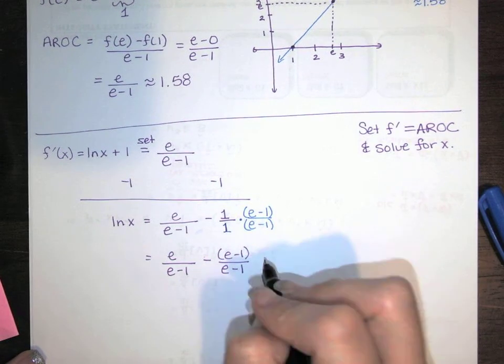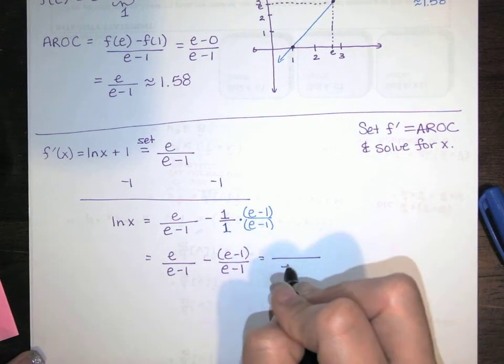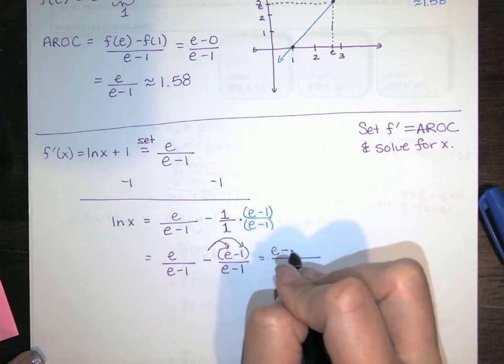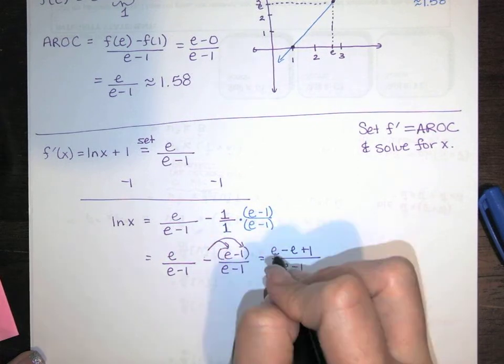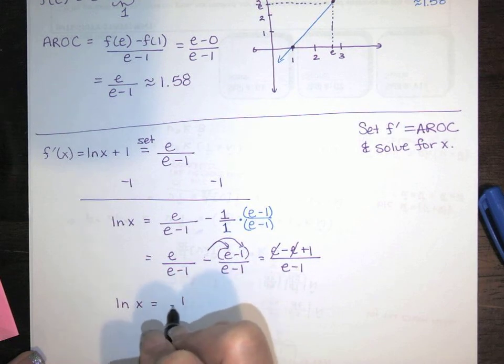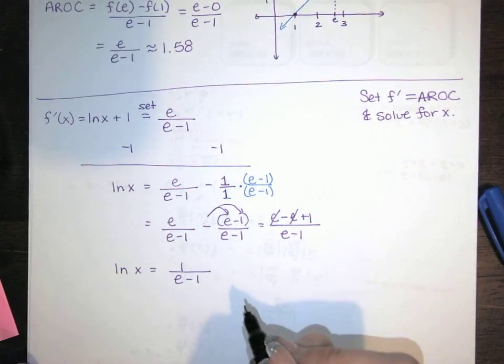Now since we have the same denominator, we can just subtract the numerators, distribute that negative to both terms, so we'll have e minus e plus 1. So the e's reduce. Now we've got natural log of x equals 1 over e minus 1.